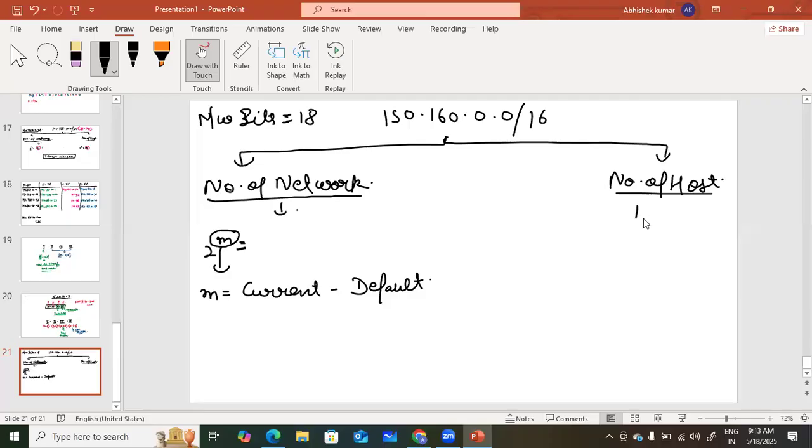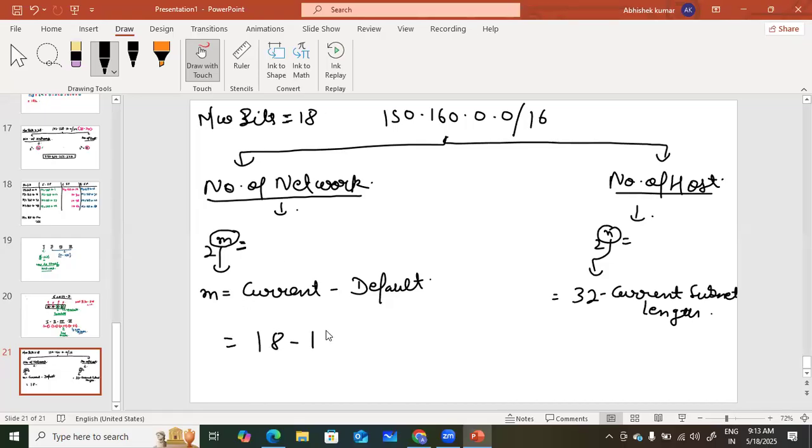In the case of hosts, it is 2 to the power n, where n stands for 32 minus current subnet length. So current is 18 minus default, which is 16, gives me 2. So 2 to the power 2 is 4.